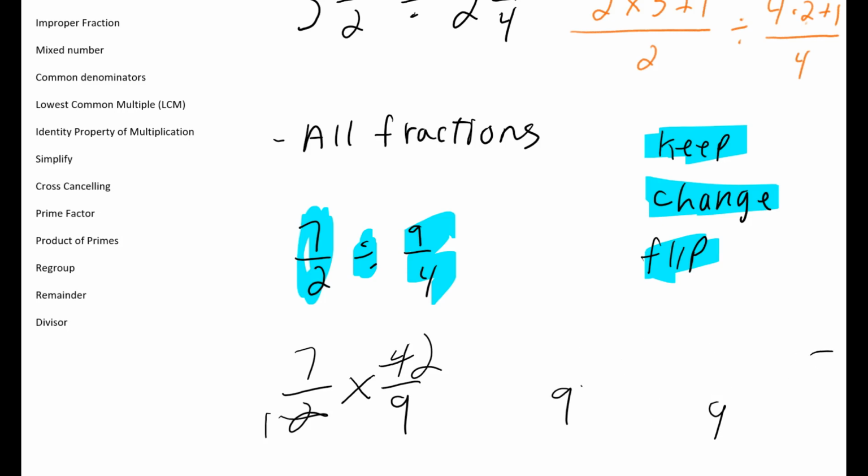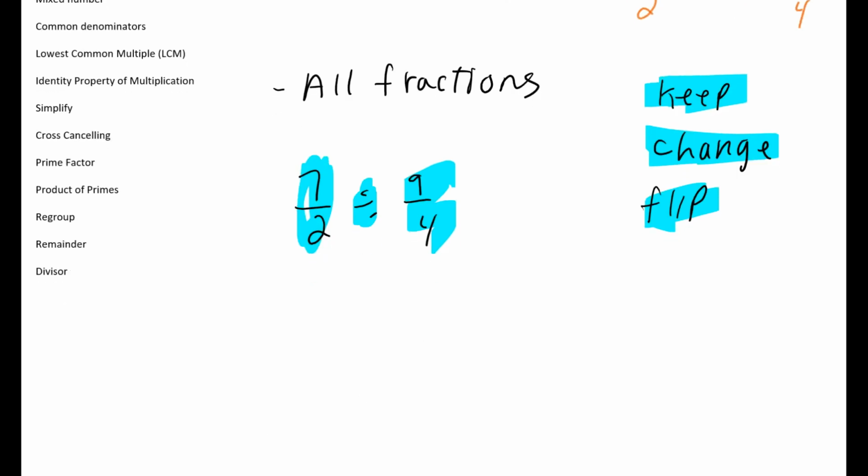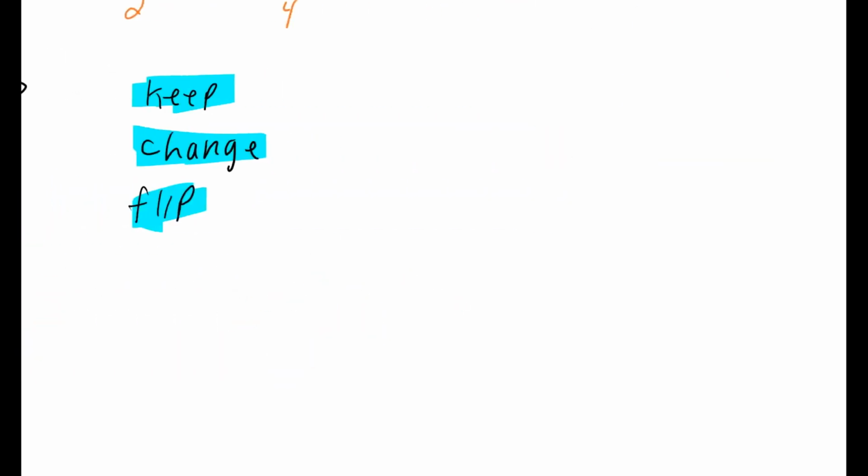Now, as a review, finding common denominators. Okay, I'm going to multiply this right here by 2 over 2. So I'm going to end up with 14/4 divided by 9/4. I have common denominators now. So instead of keep, change, and flip, I'm just going to put the left numerator over the right numerator, so I have 14 ninths.